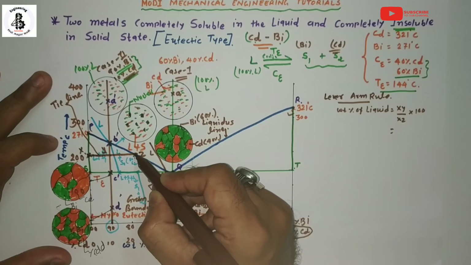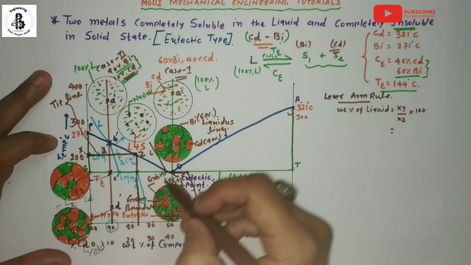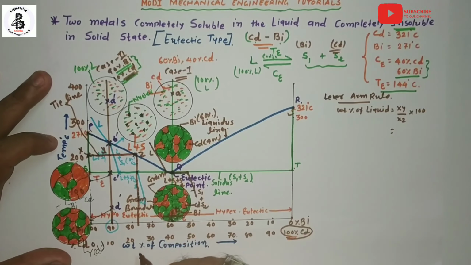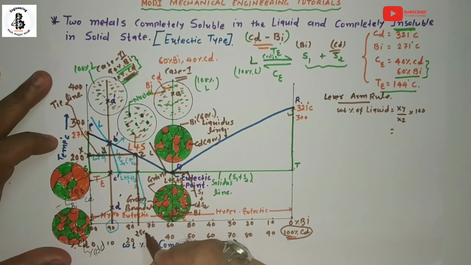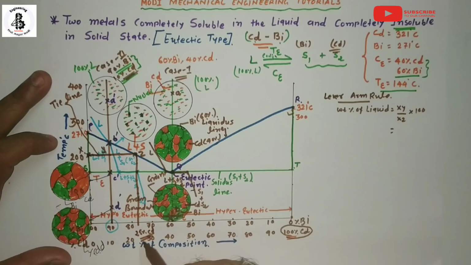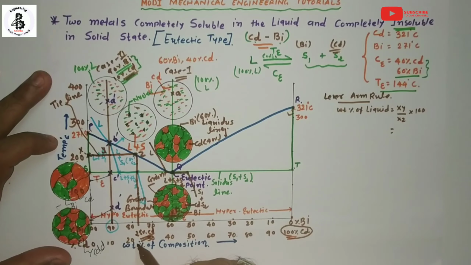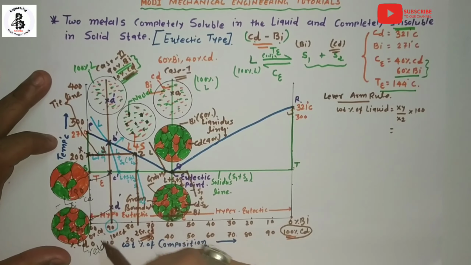Now for finding xy and xz, you take projections onto the composition line. So let's see. Here at z, it is around 25% cadmium. Every time I take the reference as the weight percentage of cadmium. So here it is 25% cadmium, here 10% cadmium, and 0% cadmium.